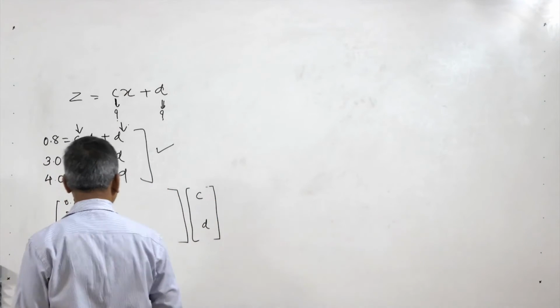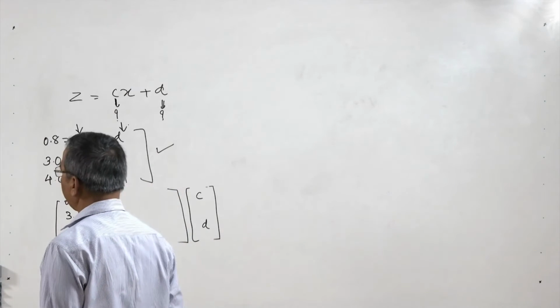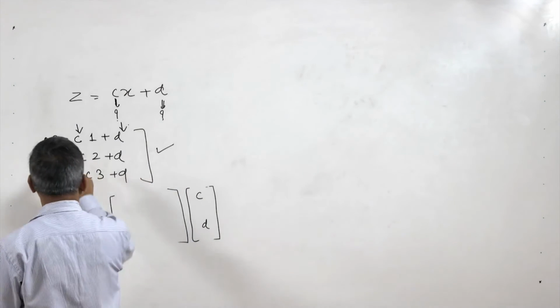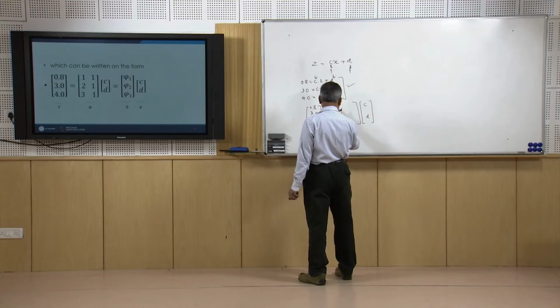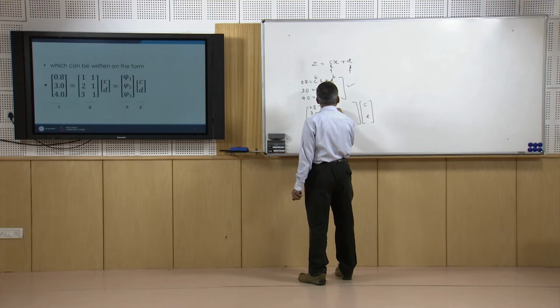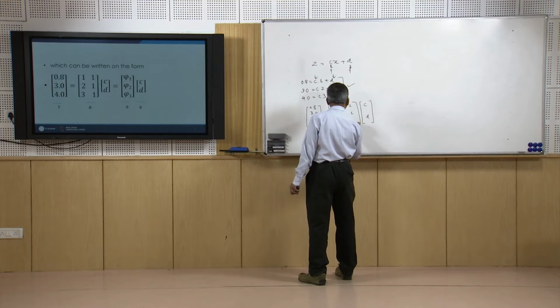So, I am writing this c and d unknown vector here, and the elements of the matrix I can find out by looking at these expressions. So, the first one will be 1 1, and the second one will be 2 1, and the third one will be 3 1.